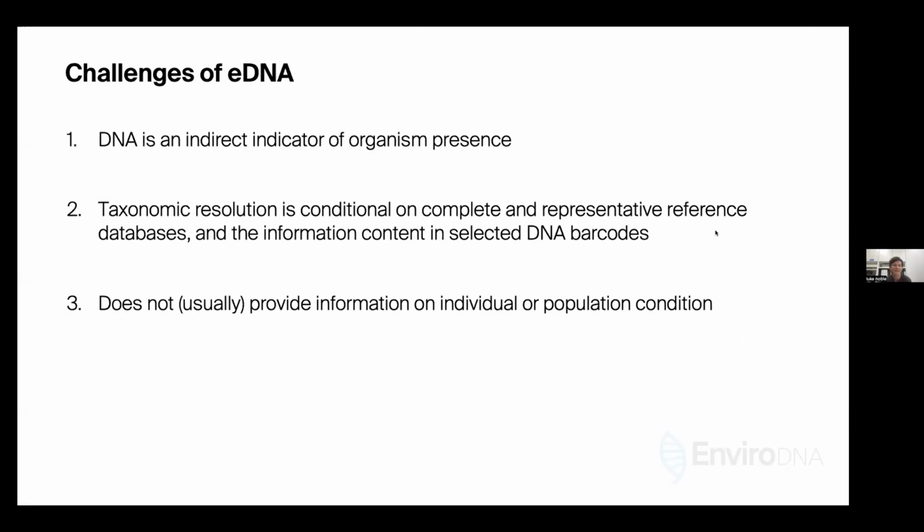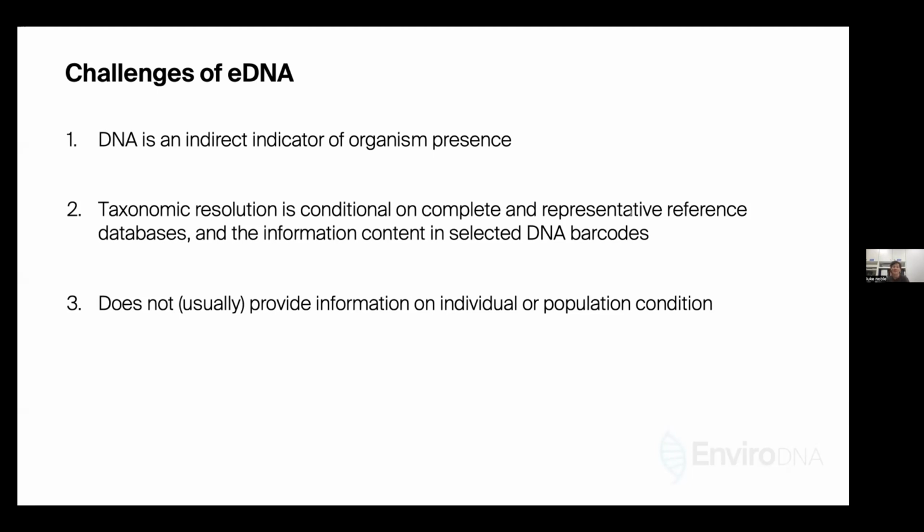This indirectness presents other challenges. eDNA is not the same as holding something in your hands, which not everyone is comfortable with. Although there are, of course, biases with traditional methods that are often not made fully explicit. But eDNA is different, and it requires some different treatments.